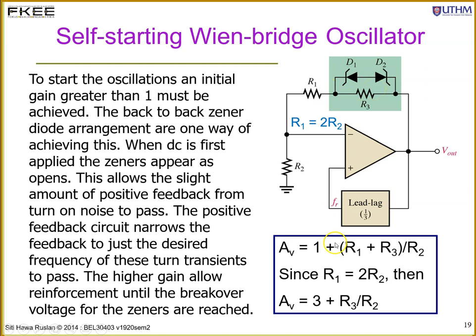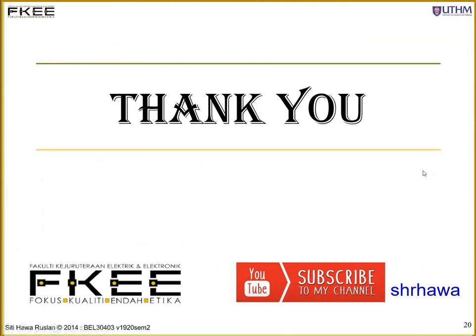Okay, so the gain will be 1 plus RF, which will be R1 plus R3, divided by R2. So R1 plus R3 will be slightly greater than 2. So it will start to oscillate. Once it oscillates, this Zener diode will clip the signal, and finally you get the circuit to oscillate at the frequency of oscillation. Okay, and a sinusoidal waveform will be produced.